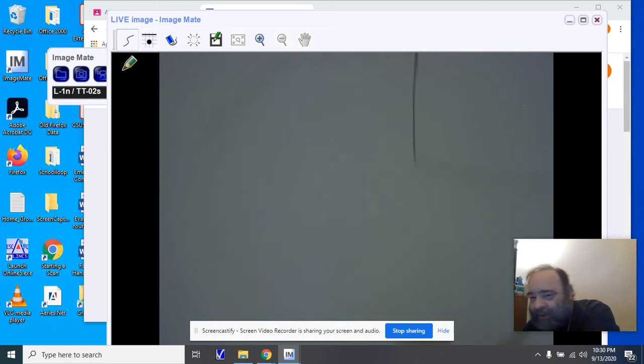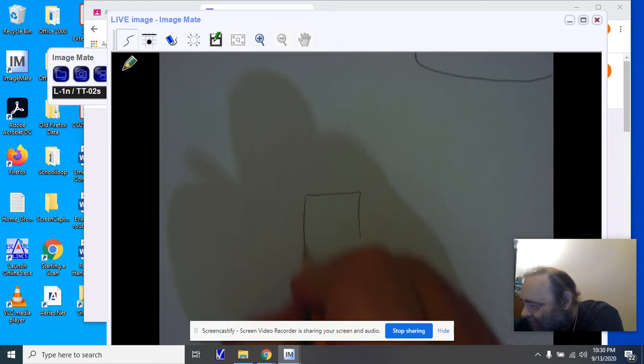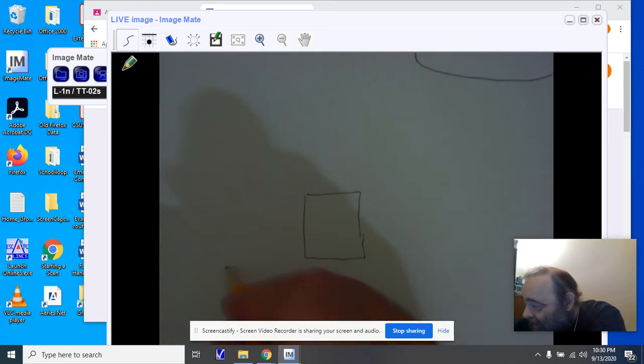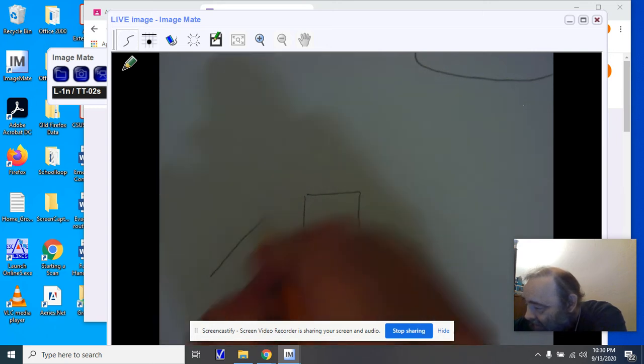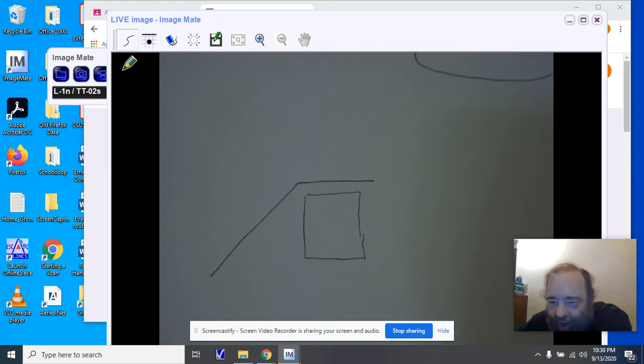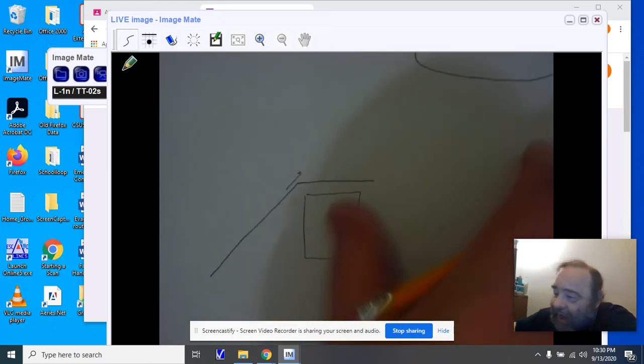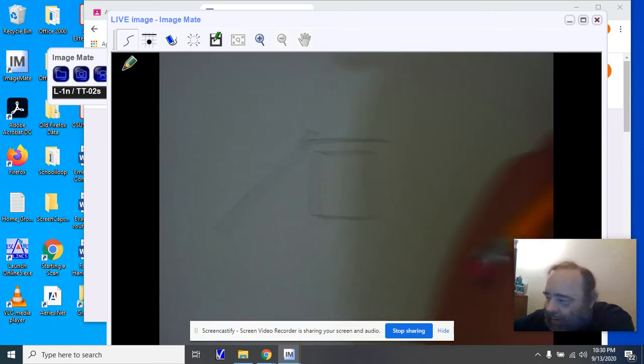Imagine you're designing a railroad and there's a building that you have to go around. Are you going to make edges and corners? No. If you do, the momentum of the train is going to go directly off the tracks and it will not work.